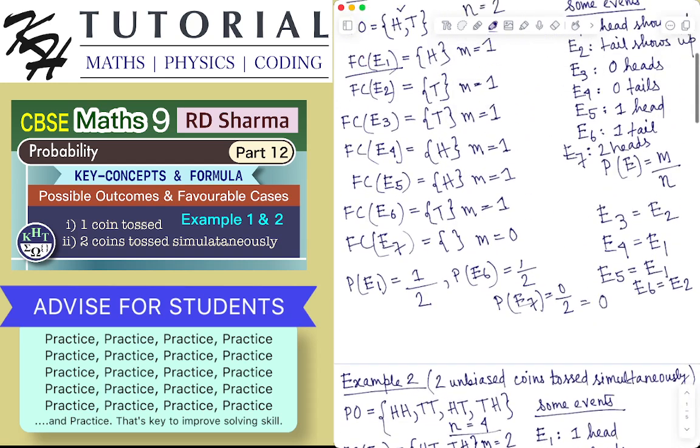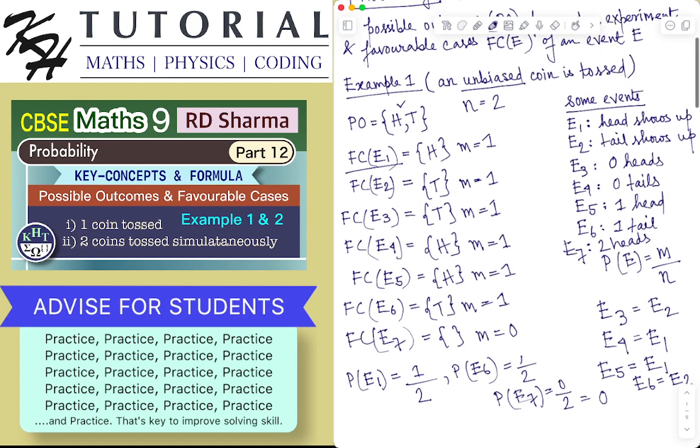So this concept will be useful in solving problems of probability where you will not be given the frequency of some outcome. These are some standard experiments whose probability you have to find based on the possible outcomes, and you must know very clearly what the possible outcomes are.